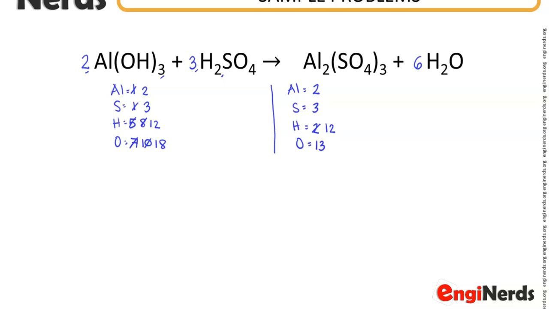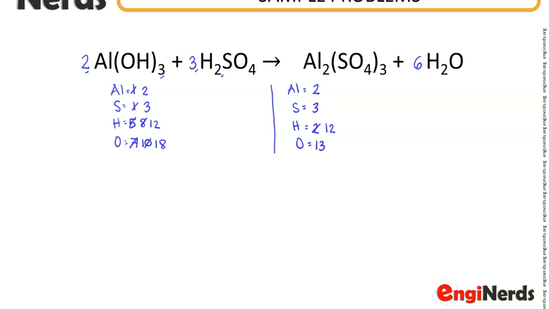And our oxygen will change. So we have now here 6 oxygen from H2O, and we have a total of 4 times 3 oxygen sa ating Al2SO4, which is equal to 12.